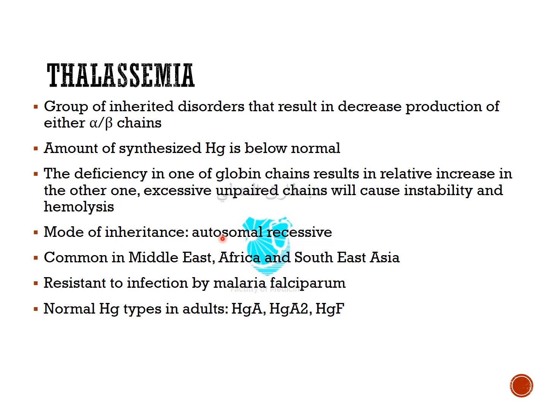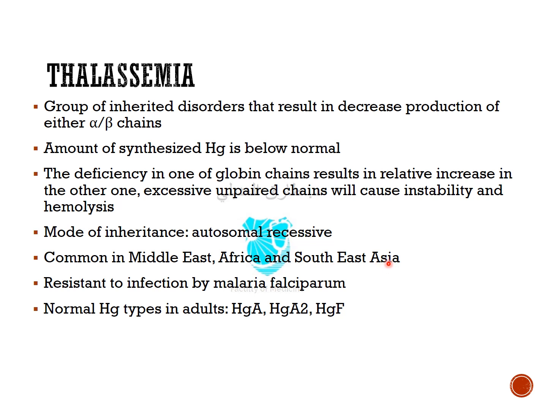Thalassemia is an autosomal recessive disease. So one of the parents is a carrier, or both of them are carriers. We will talk about it. And it is common in the old world countries, like in the Middle East, Africa, and Southeast Asia.